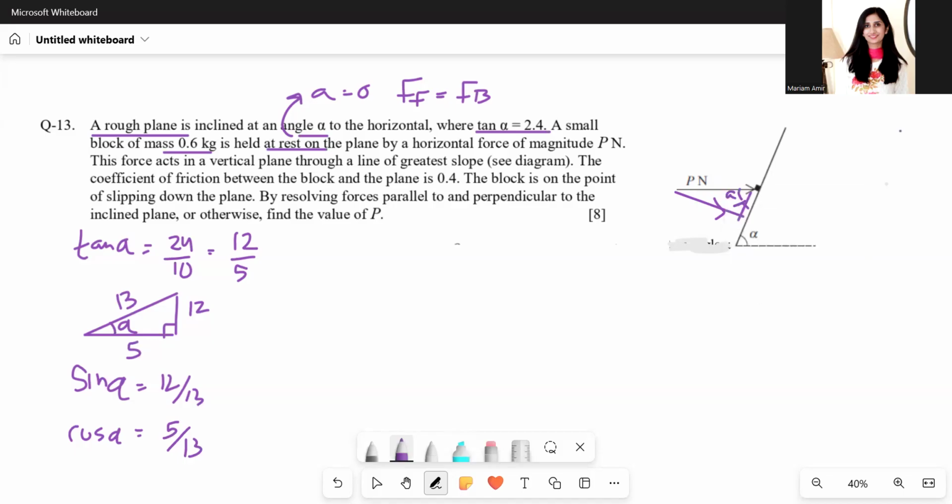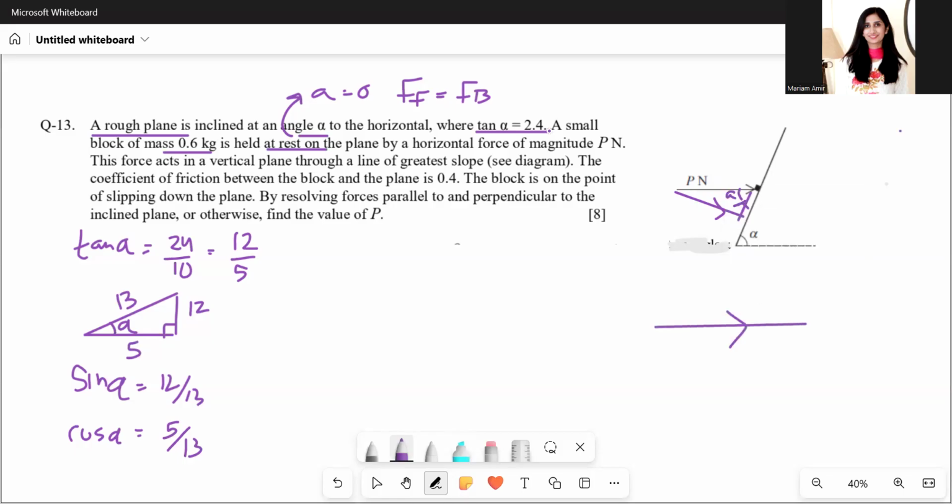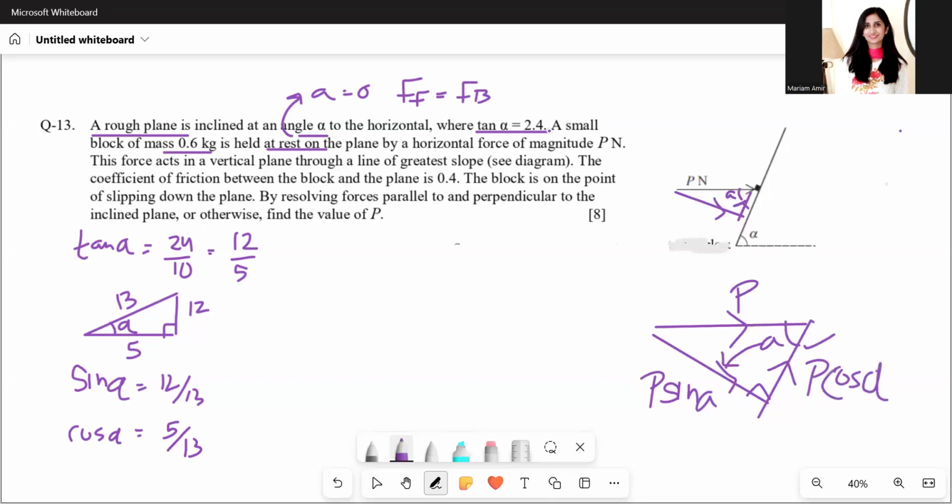Now I'm going to resolve this triangle. I have a setup like this. If this is alpha, this would be a right angle triangle and this would be P. So then this opposite side becomes P sine alpha and this side becomes P cos alpha. That is how resolving of forces works. So this would be P sine alpha, and this one upward would be P cos alpha.